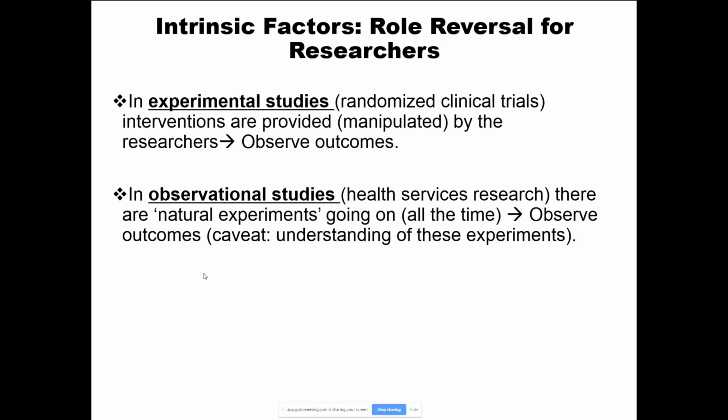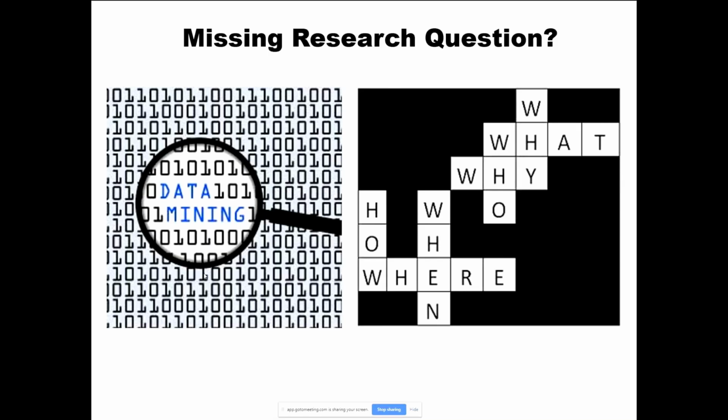As I mentioned before, one has to be really careful about all these changes. The bigger problem is not approaching this with a robust research question or a good study design, which is also true for experimental studies.